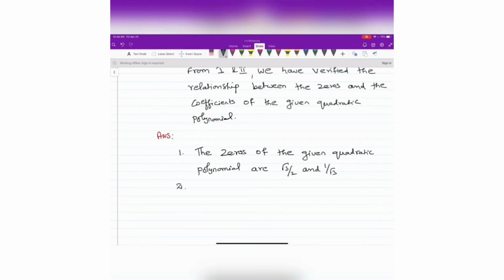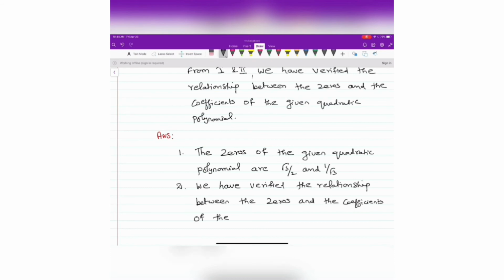Second part answer, we have verified the relationship between the zeros and the coefficients of the given quadratic polynomial.